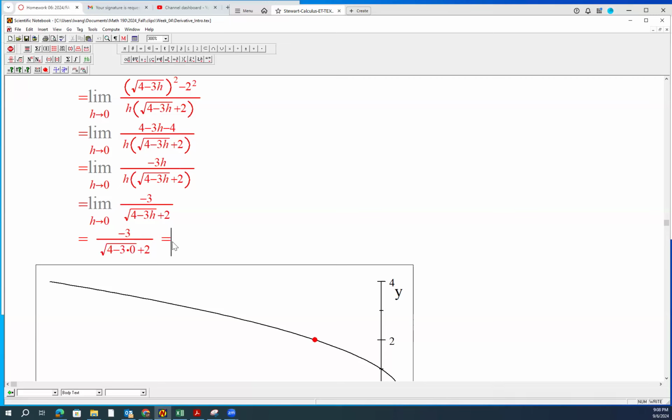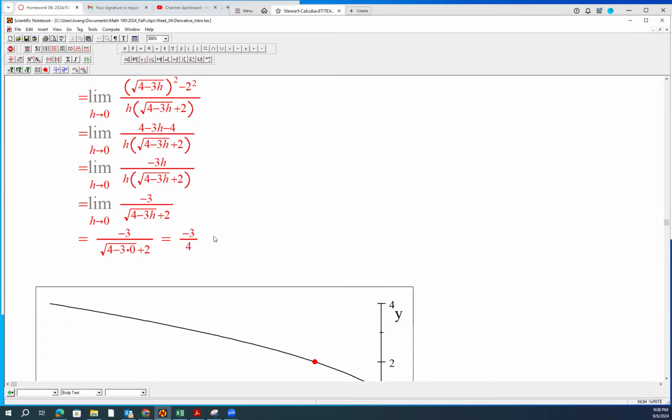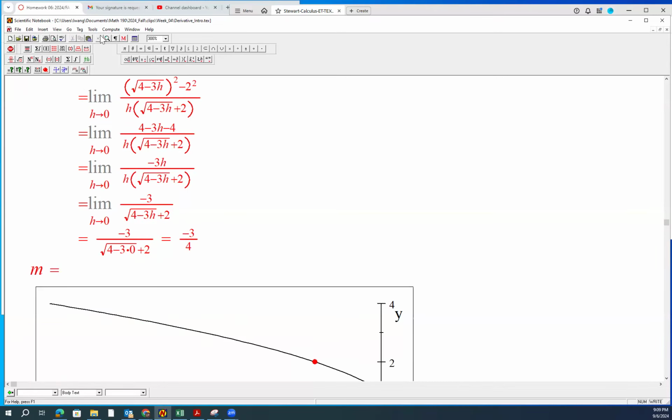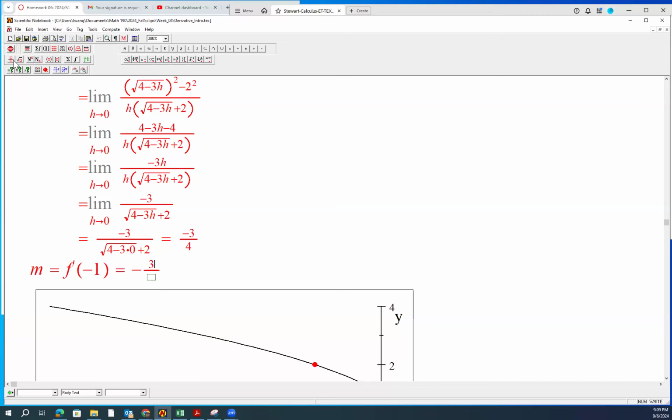In the end, the top is negative 3, and the bottom, root 4 is 2, 2 plus 2 is 4. So our slope, obviously the limit exists, the derivative of the function at negative 1 is equal to negative 3/4.